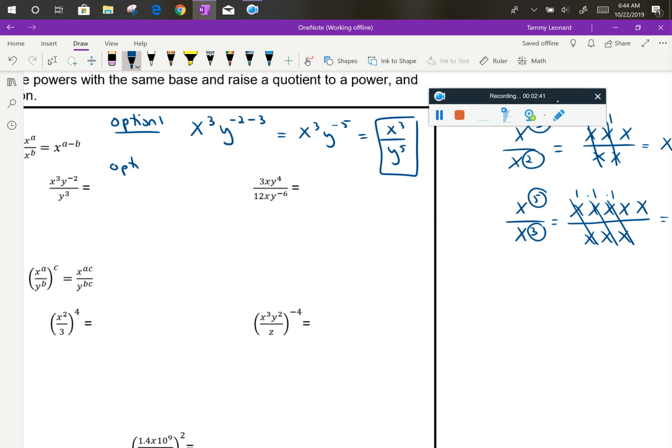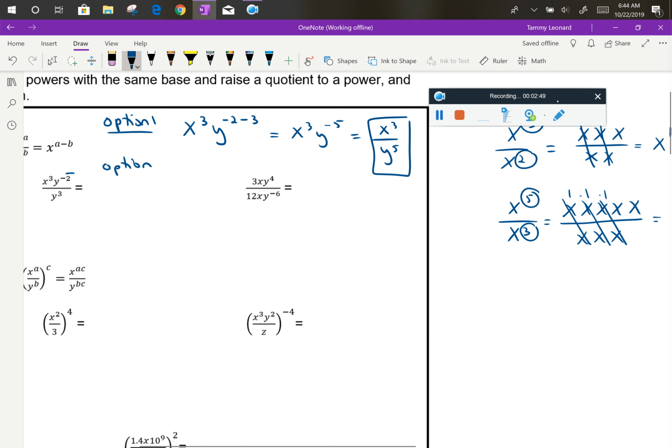But there is another way, and that is instead of straight up using the subtraction, we can remember that a negative exponent means take the reciprocal. So this term belonged in the denominator. So we could actually start by rewriting this as x cubed divided by the y cubed that was already in the denominator, and the y squared that wanted to be in the denominator.